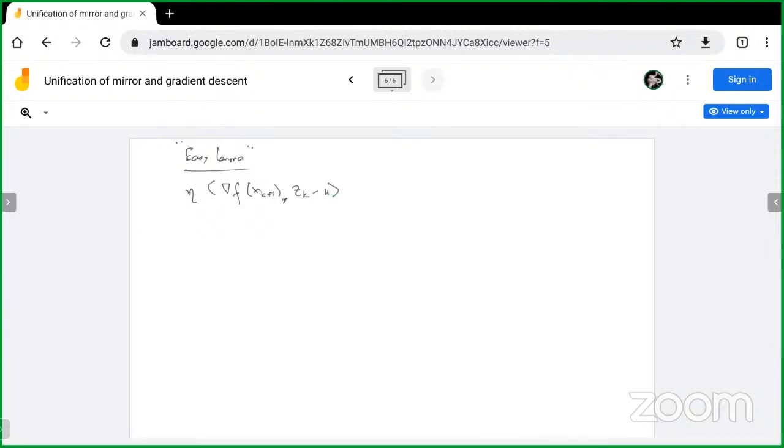This is at most eta square by 2 rho log square plus the difference in the potential. And this follows immediately from the previous analysis of mirror descent. So this is exactly the same thing. I haven't done anything.